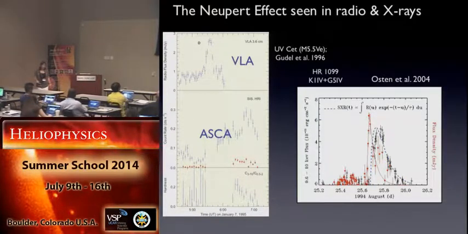These are examples of the Neupert effect seen in different wavelength regions on different stars. So here's another M dwarf where we see a radio flare, and you can see an X-ray flare here. This is an active binary system, same thing. There's a radio flare, there's an X-ray flare. They're in more or less agreement with each other using this Neupert effect interpretation.